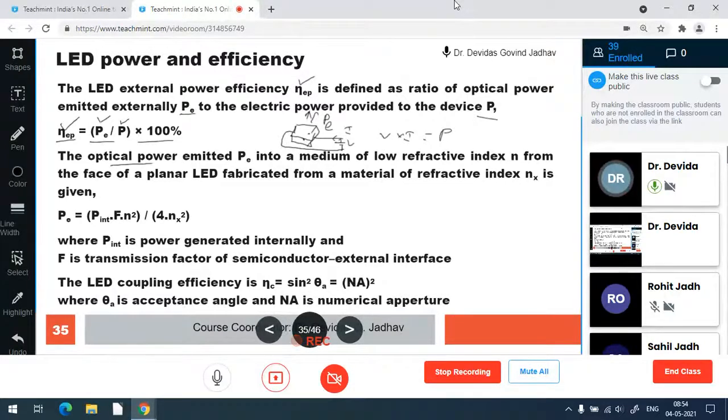Now the optical power emitted, P e, into the medium of low refractive index n from the face of a planar LED, is given as follows. Suppose this is the planar LED, internally generating the power P internal and emitting the power P e into the medium, suppose air or glass.